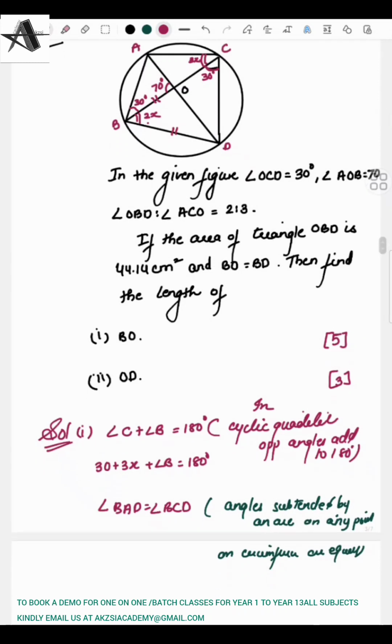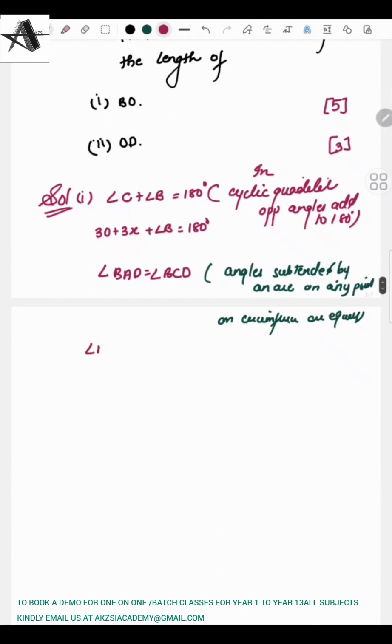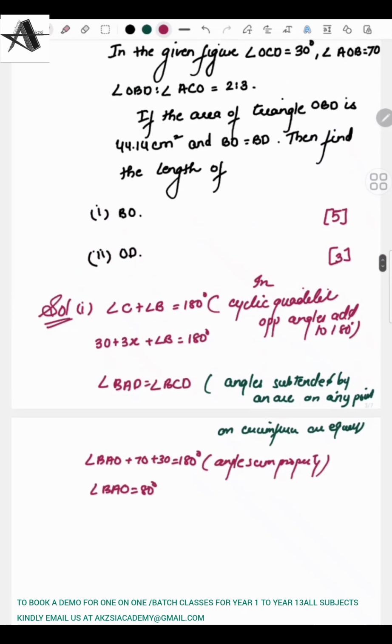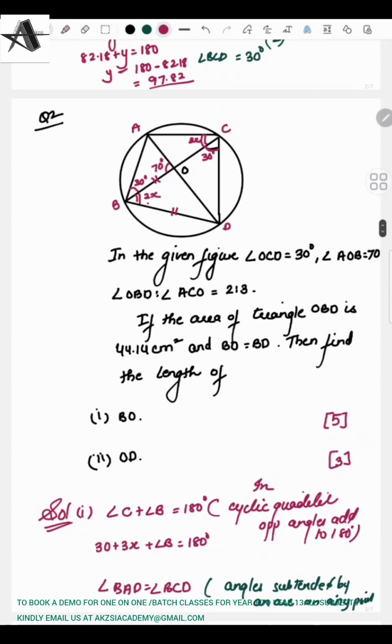So angle BAO, we know angle BAO plus 70 plus 30 is equal to 180 degrees, because I am applying the angle sum property. And from here I can say that angle BAO is 80 degrees. I have the angles now. This one is 80 degrees, sorry, this is 30 degrees.